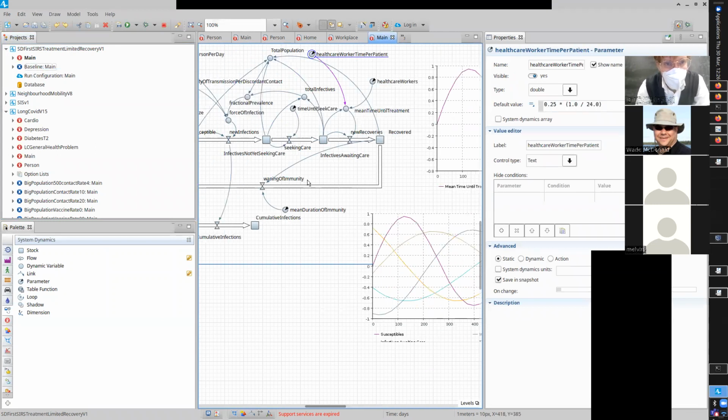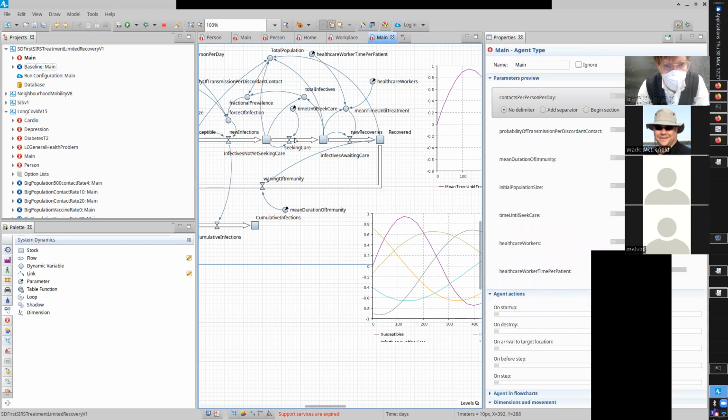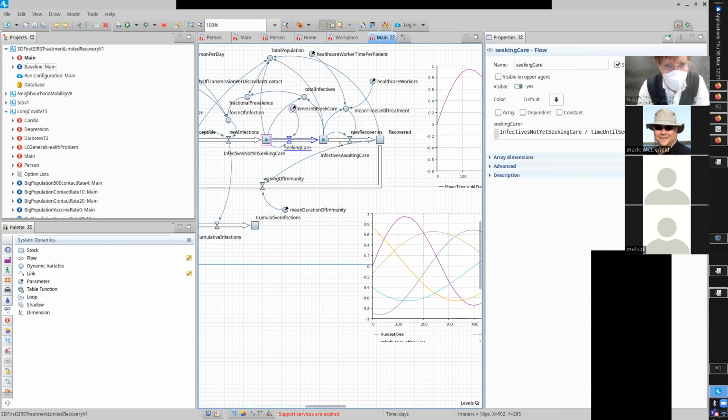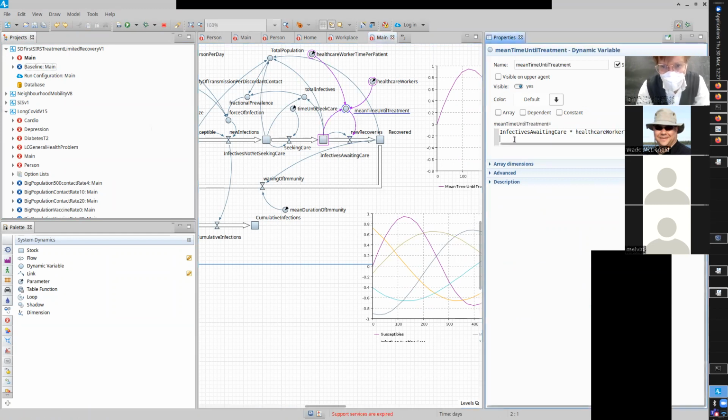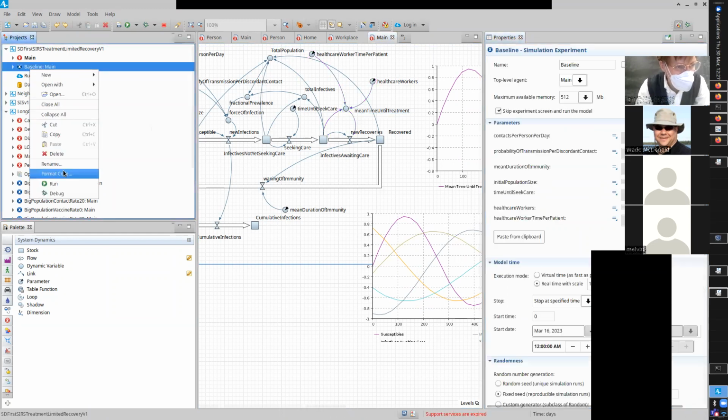Time until seek care is 5, and this value is that. So I don't see anything obviously wrong, but let us go and see where this problem originated in the model here.